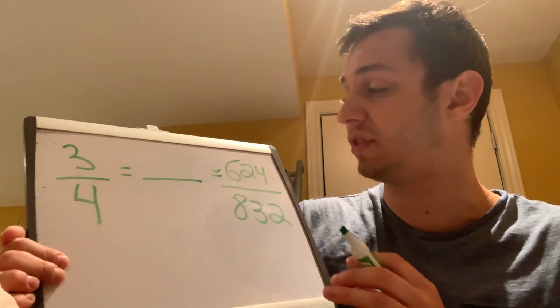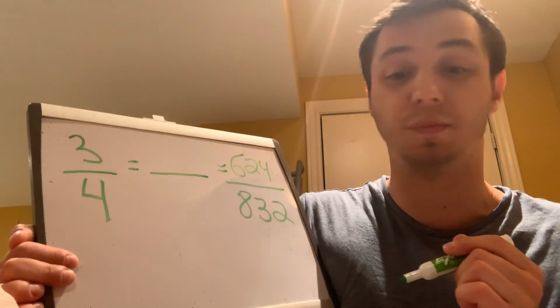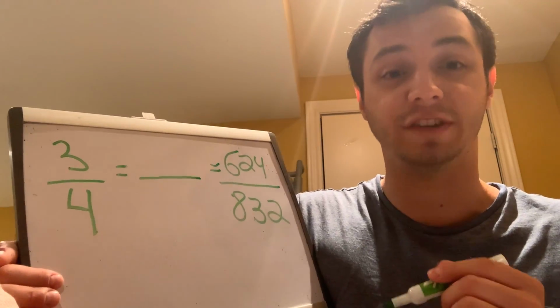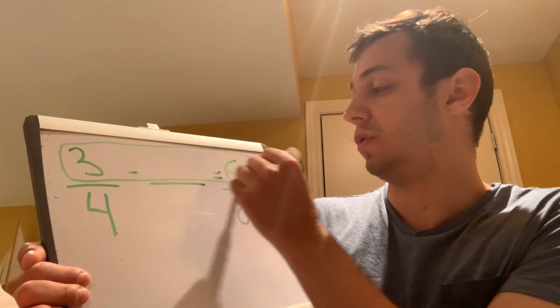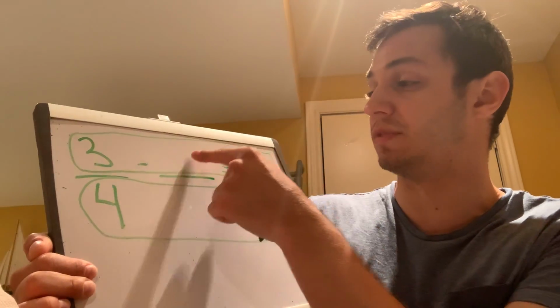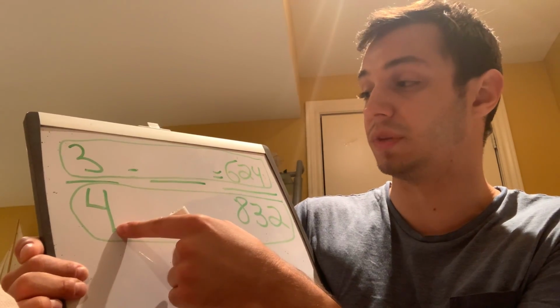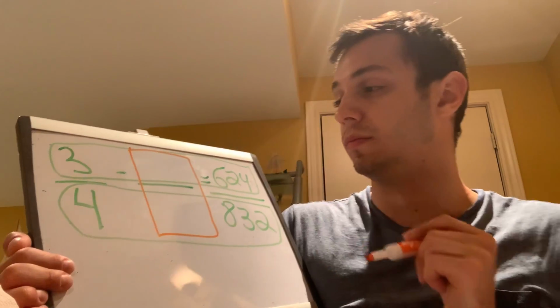So all we have to do now is figure out what this top and bottom number will be. So in order to do that, I'm going to have to use division. So first, I'm going to have to find out what 624 divided by 3 gives me, and then what 832 divided by 4 gives me. And that will give me my missing fraction.